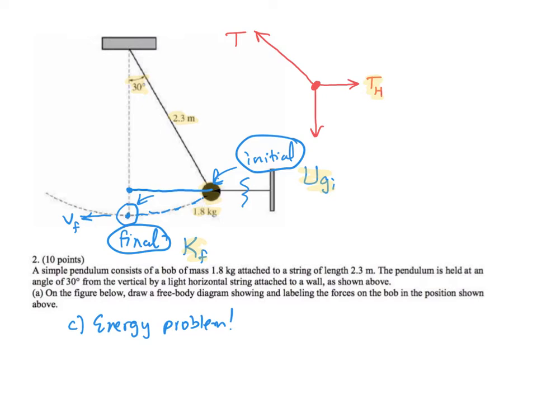Okay? You can use trig in this triangle right here. That is this side, this side. You can use some trig there to figure out the change in height, initial to final. And once you find that change in height and apply it to the equation that you should have written down, you can find the speed at the bottom. Okay?